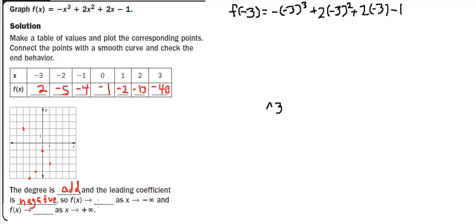As x goes to -infinity, f of x is going to go to +infinity, and the other way around. So when we graph this, over here it's going to go from up, down. We're just going to connect all of these dots here, and then the end behavior here goes down. Put arrows on the ends, and you're done.